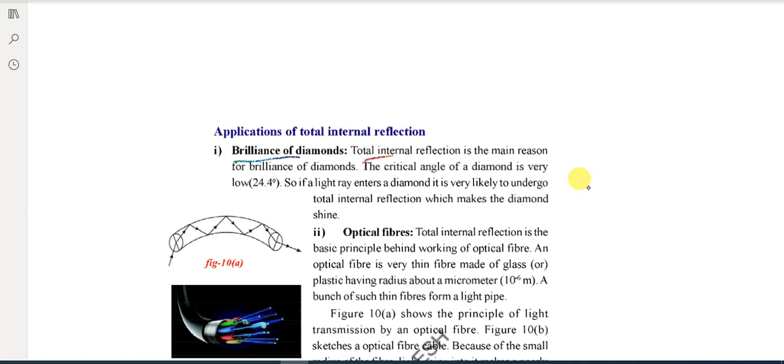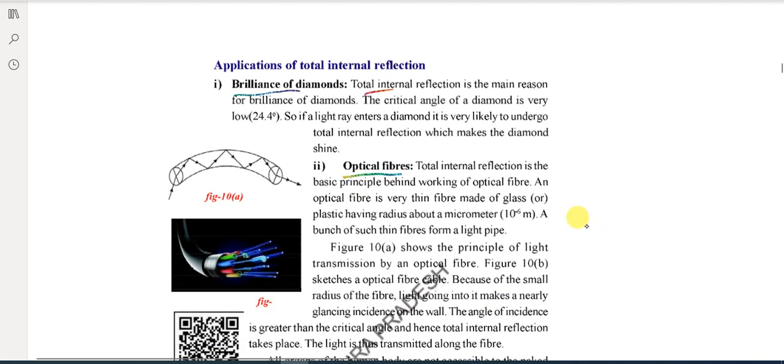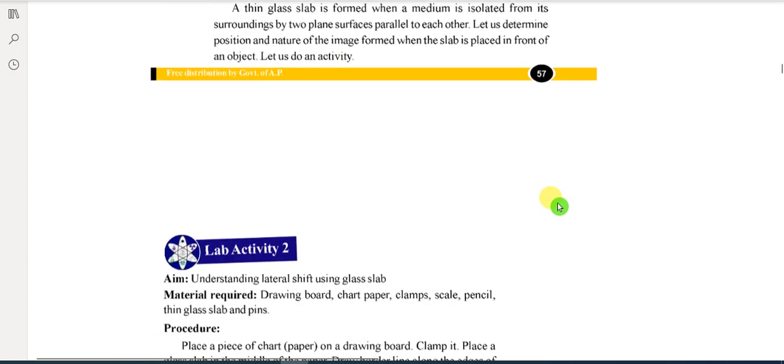And optical fibers. Yes, in optical fibers also, total internal reflection is the basic principle behind their working. And here some question is there: the thickness of a thin optical fiber is a micrometer. Micrometer means 10 to the power of minus 6 meters. Okay, so that is the main point.